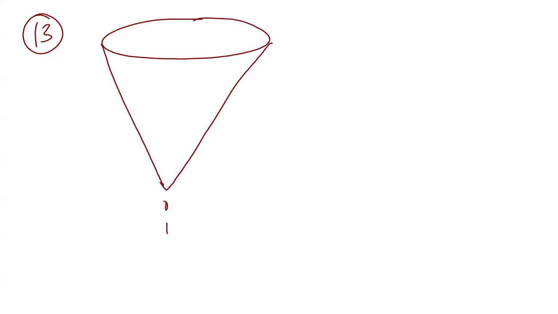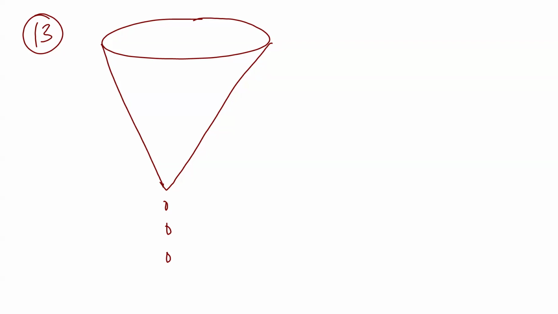Water is dripping out of a conical funnel at a uniform rate of 2 centimeter cube per second through a tiny hole at the vertex of the bottom. So basically we have a conical funnel, and water is falling outside at a rate of 2 centimeter cube per second. Centimeter cube is nothing but volume.